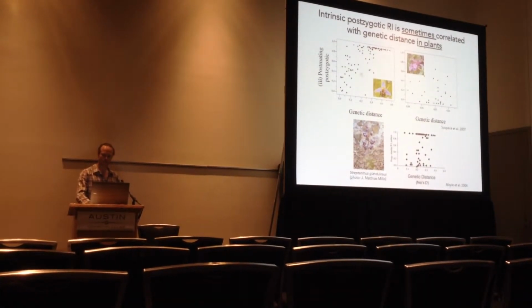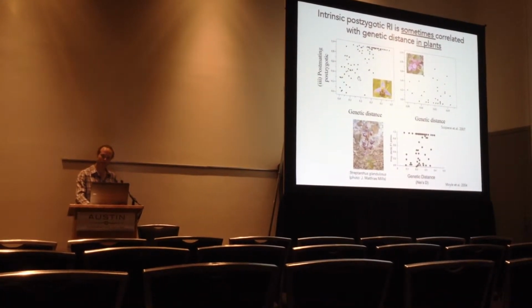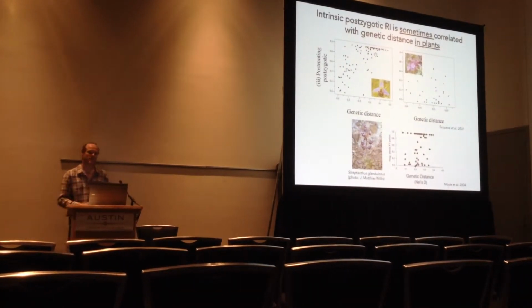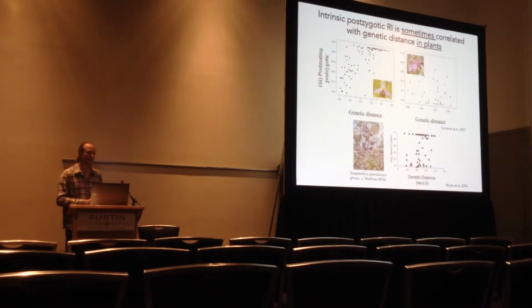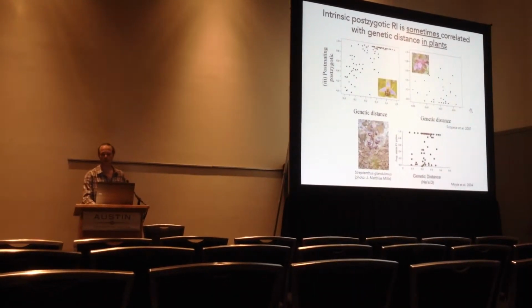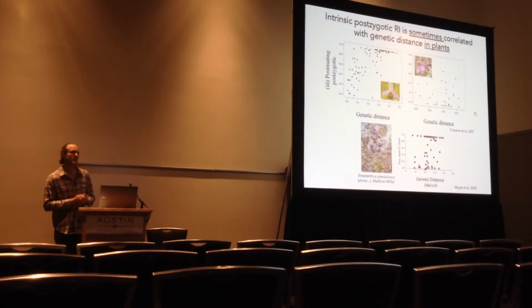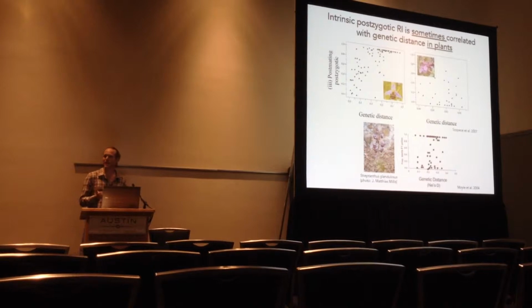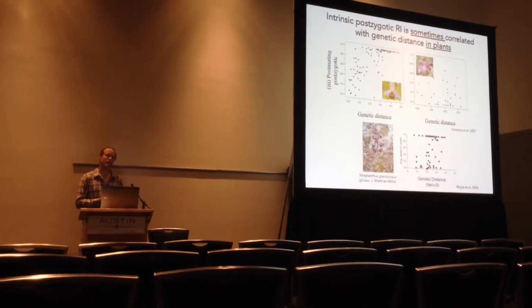Here we have some sexually deceptive orchids, and we have this nice linear relationship, or positive relationship anyway, that we often see in animals. And here in another group of food-deceptive orchids, we don't see that relationship. One of the interesting things to me is that maybe this is indicative of the underlying genetic architecture.